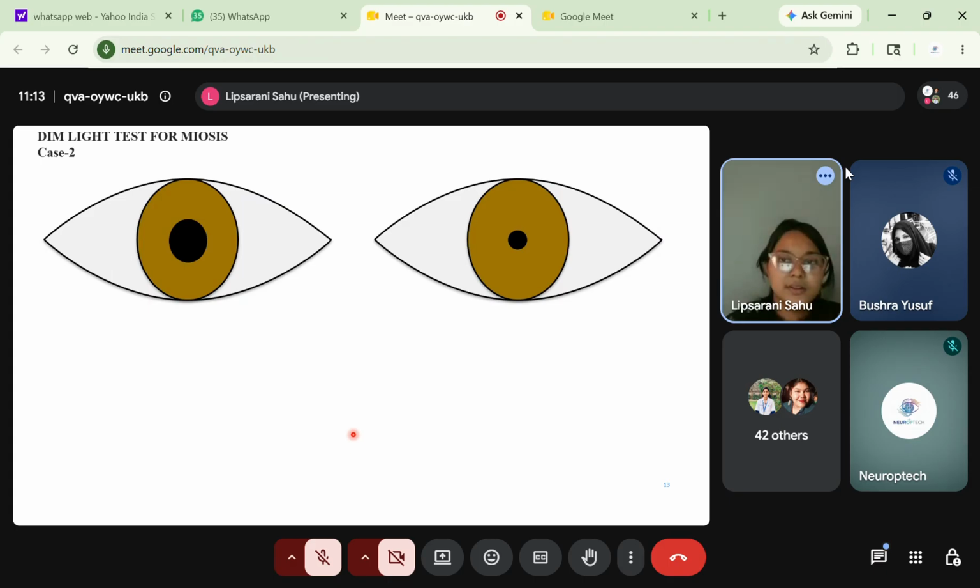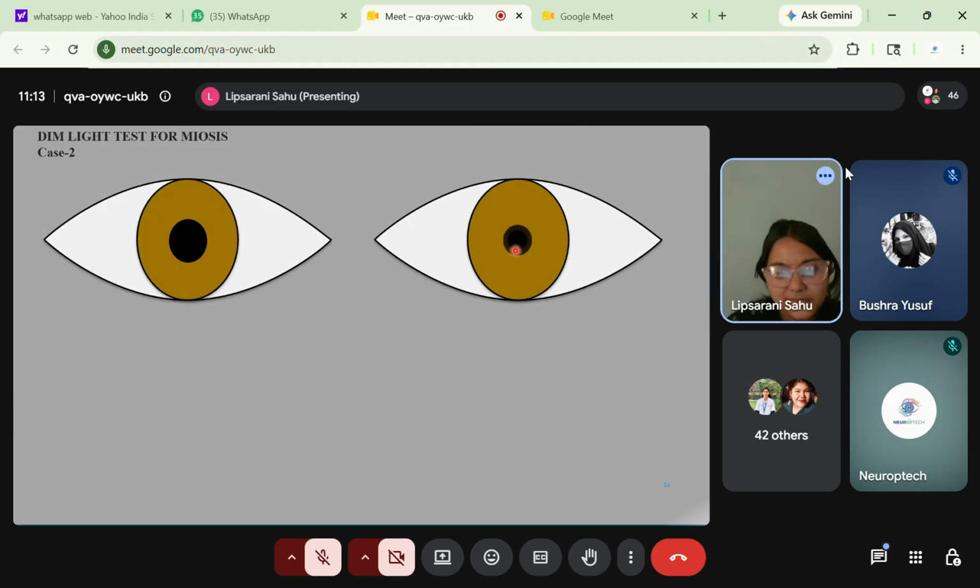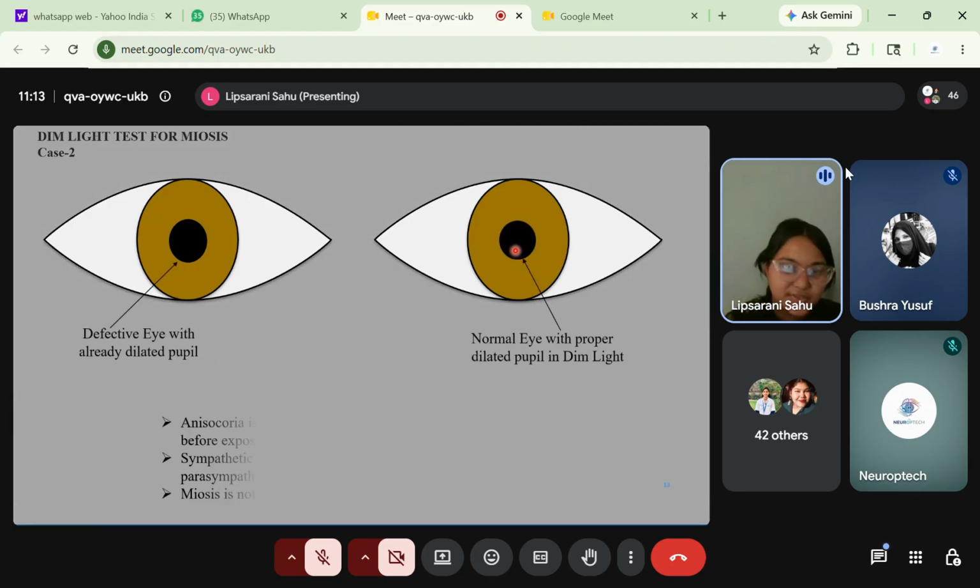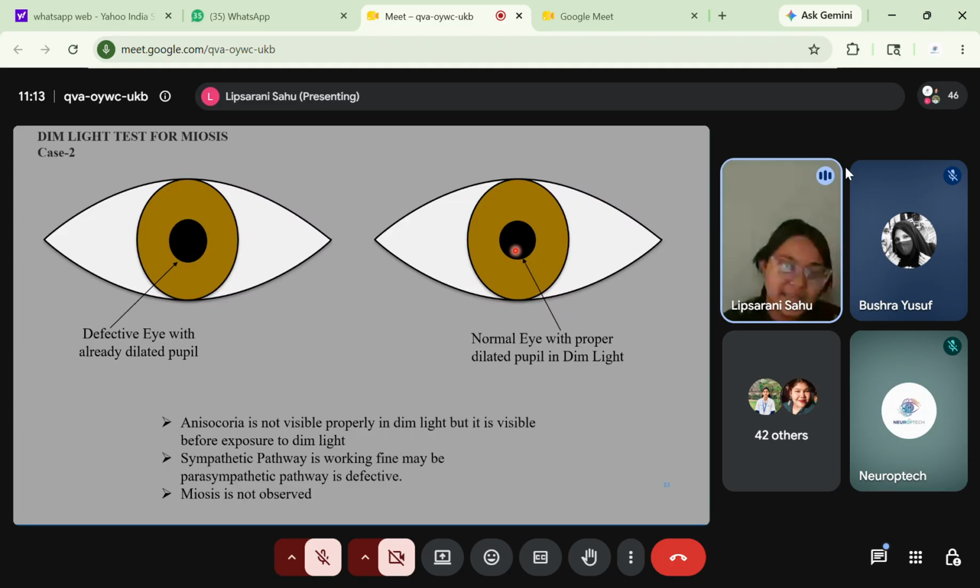And here you can see the right eye pupil is dilated and the left eye pupil is normal. Here you all can observe the defective eye is already dilated, and the normal eye has a properly dilated pupil in dim light.